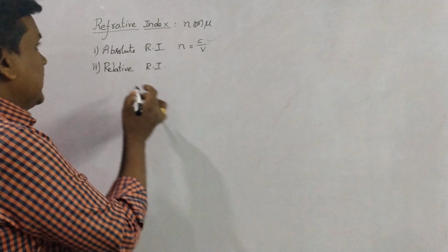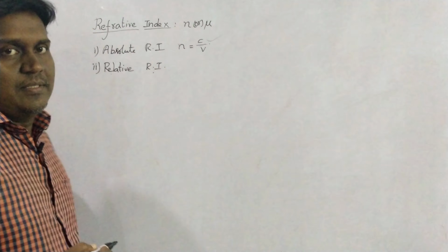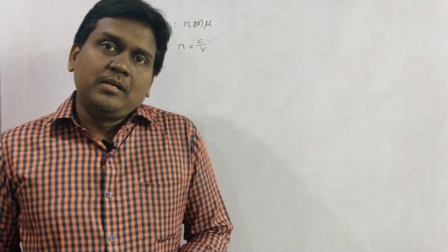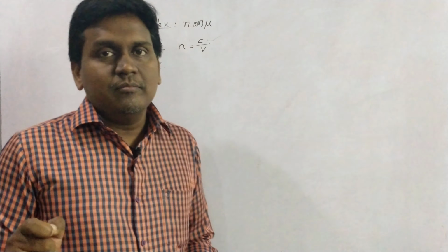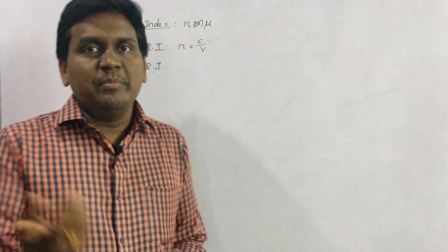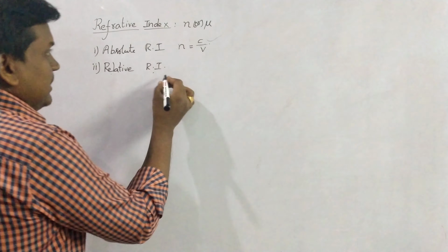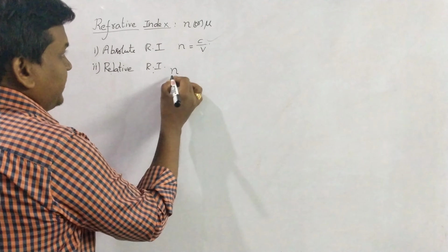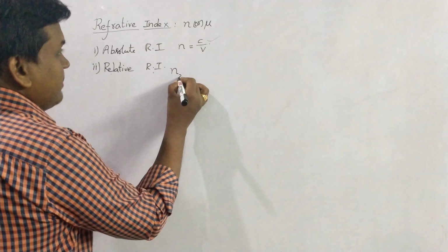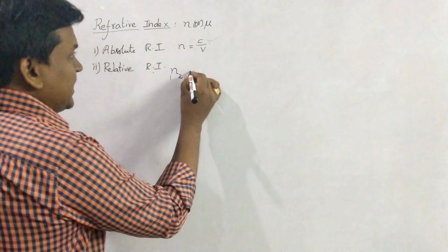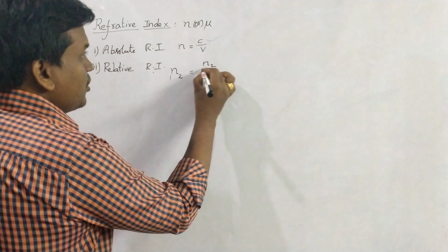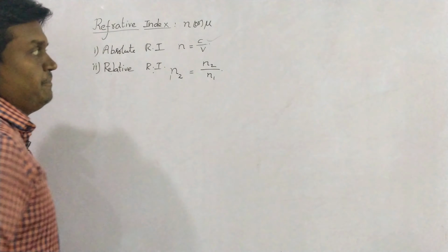And coming to the relative refractive index. Relative refractive index can be defined like this. It is the ratio of the speed of light in one medium to the speed of light in another medium. For example, the refractive index of medium 2 relative to medium 1 is given as N2 by N1.